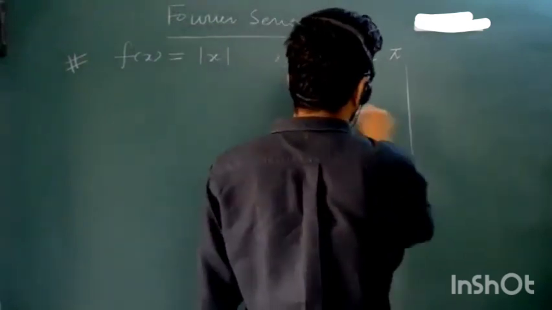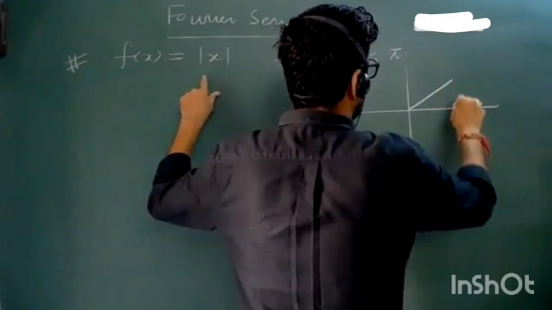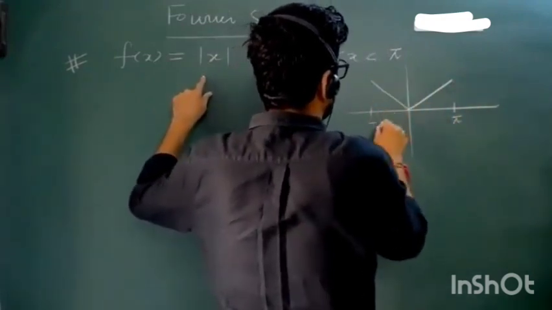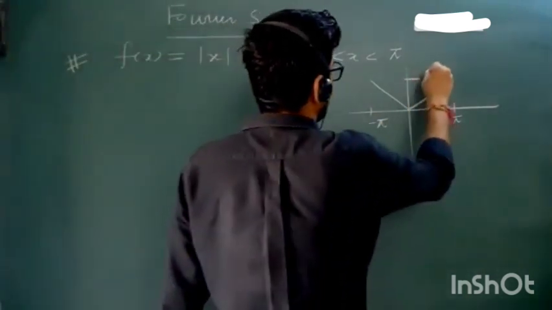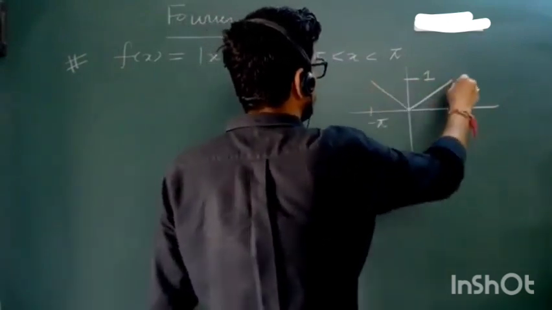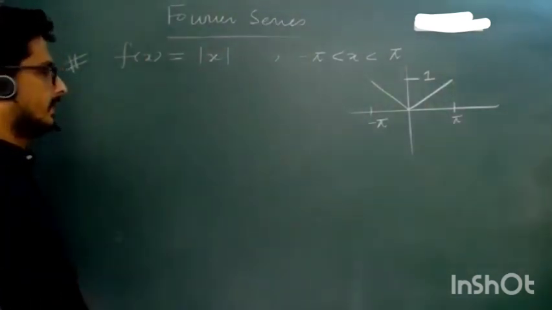So let us plot it first, how the plot will look like. It is a modulus function, so it will look like this, π, and then this -π, correct? And this value is 1. So this is how the modulus function looks, because this has to be positive everywhere.